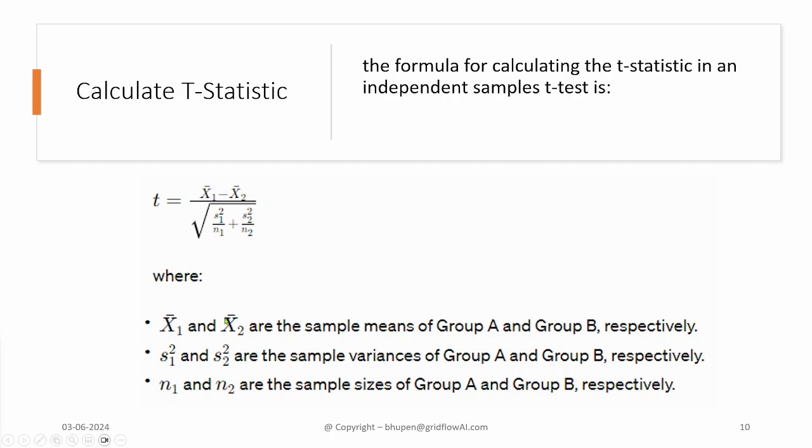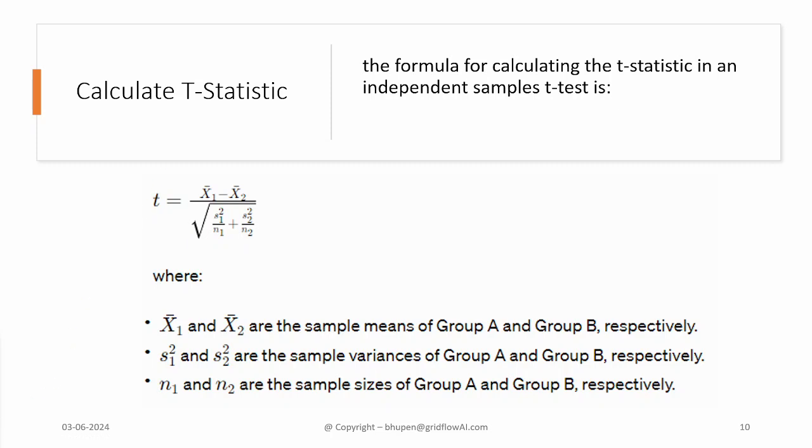Essentially, x1 bar and x2 bar are sample means, S1 square is the variance of sample 1, S2 square is the variance of sample 2, and N1 and N2 are the number of samples from each group. So this is the formula used by the t-statistic to compare the means of two different groups or two different data columns. And this will result in a t-statistic.